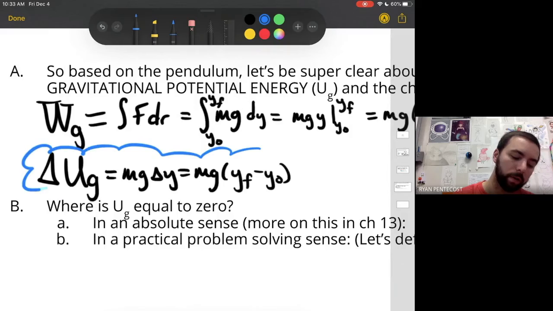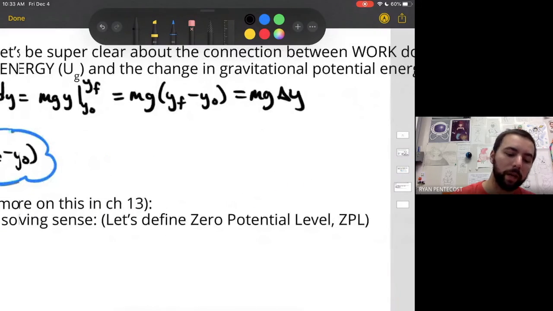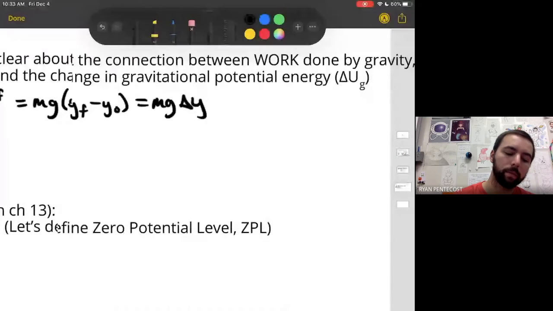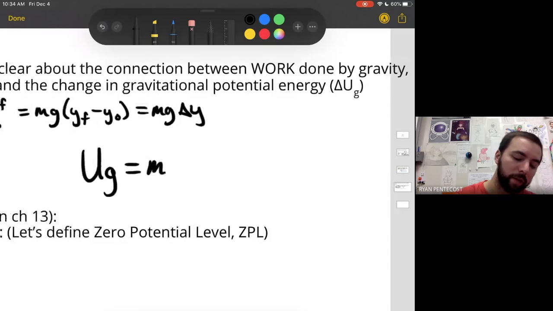And we will show that that is an important equation. Now, if you want instantaneous potential energy, then you just want to give it a specific height, right? That would be shown for the potential energy of gravity as mgh.